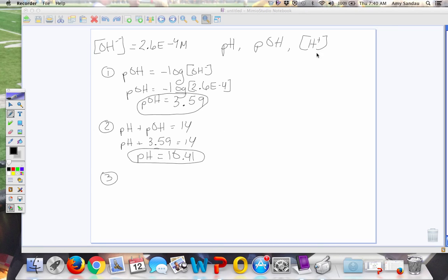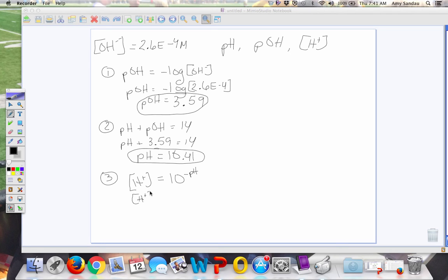Our very last one that we have to solve for is going to be our hydrogen ion concentration. And there are two different ways you could solve for that. You could do the hydrogen ion concentration times the hydroxide ion concentration gives you 1e to the negative 14th. However, there's another way to do it, so I'll show you that way. So hydrogen ion concentration is equal to 10 to the negative pH.